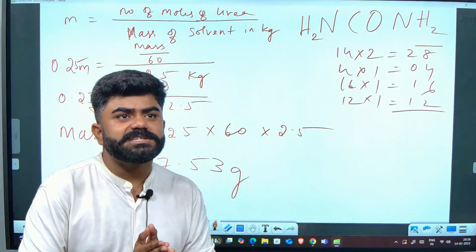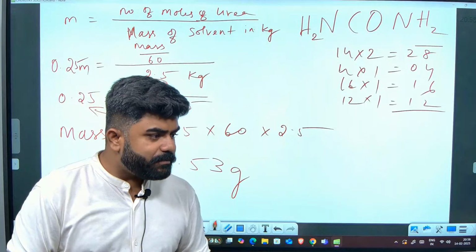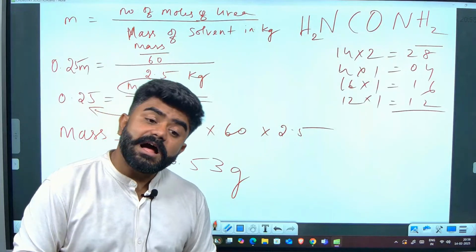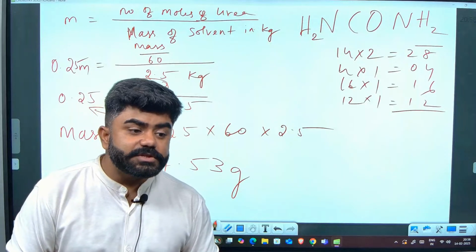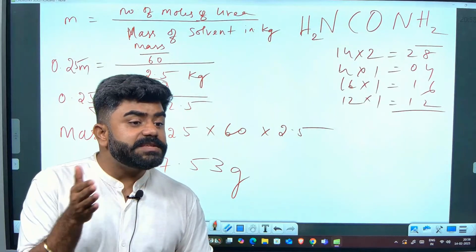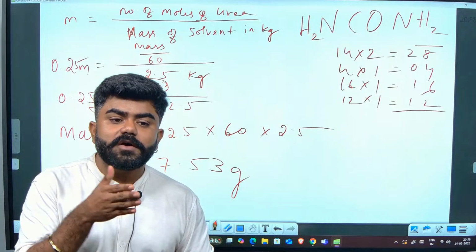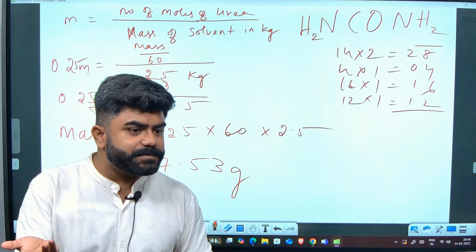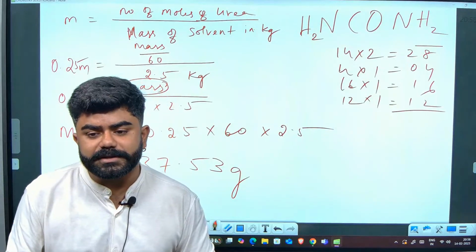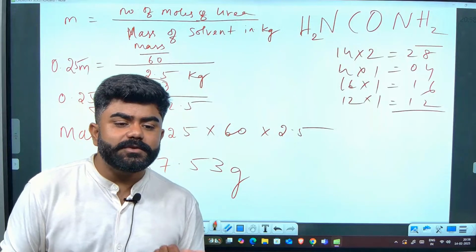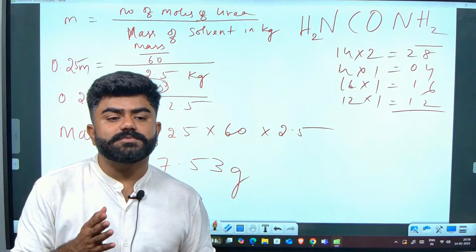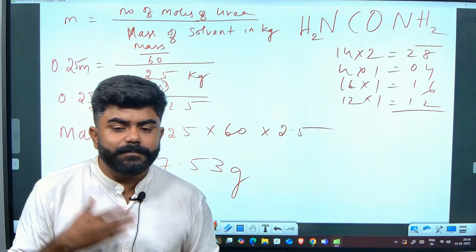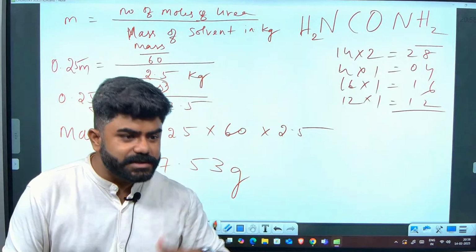We saw some examples as well, right? After that, we saw the classification of solutions in terms of qualitative and quantitative. In qualitative we spoke about dilute and concentrated. In quantitative you had different concentration terms.